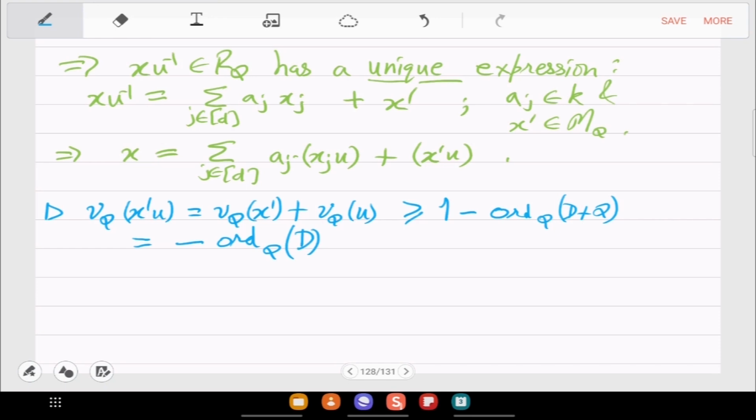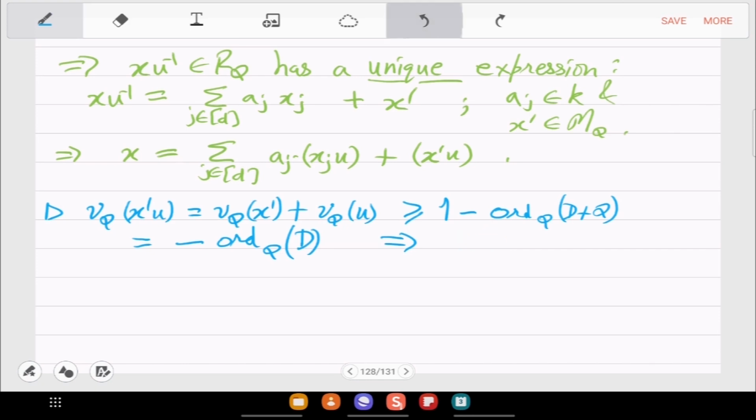Because the order of q in q is 1, and 1 minus 1 is 0, so you get minus order of q d, which means x prime u is in the L d sheaf.